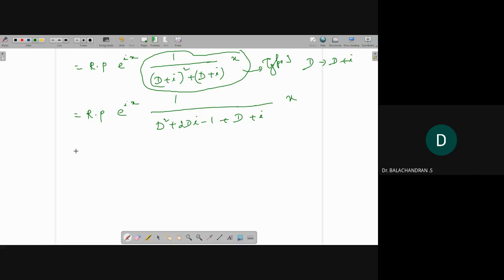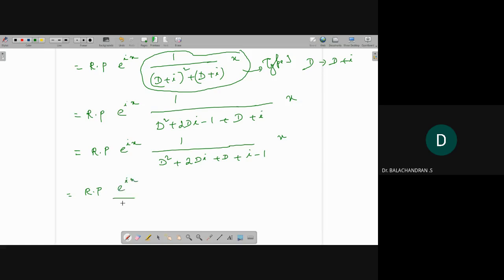So real part of e power ix, what is the denominator? The denominator is d square plus 2di plus d plus i minus 1. This is the denominator. So the constant term is here, i minus 1.